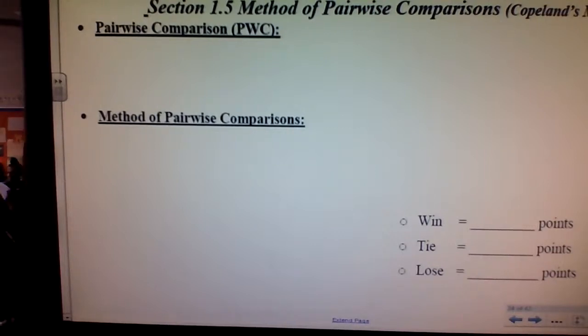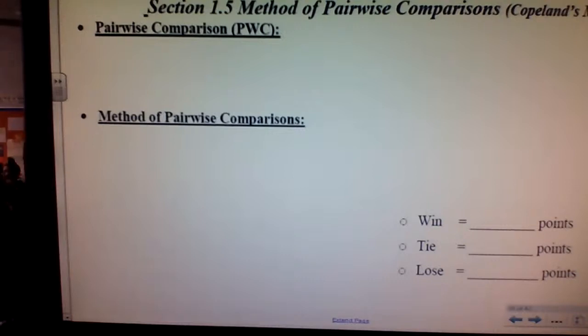Okay. So this last method is called the method of pairwise comparison. When you see the word pairwise, what are you thinking? Piecewise functions. Yeah, I would not have gone there, but okay, I could somewhat see that. Pairs. Okay, that's what this method is.